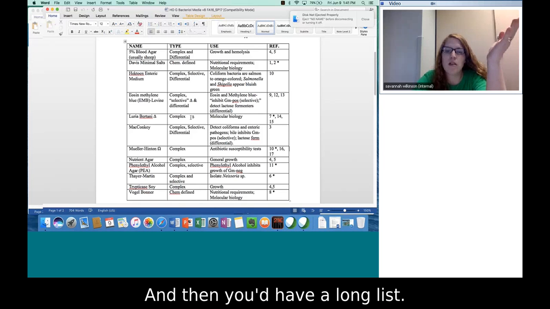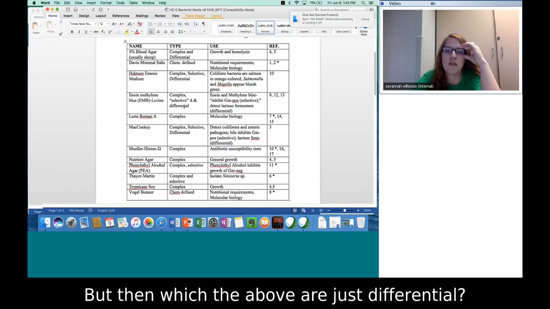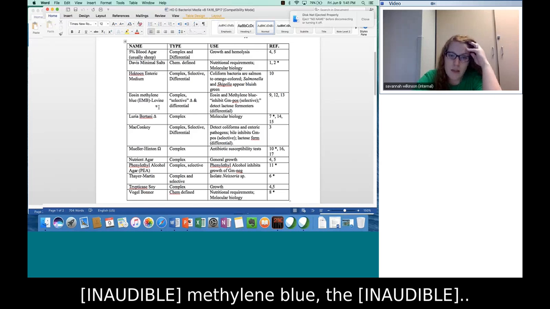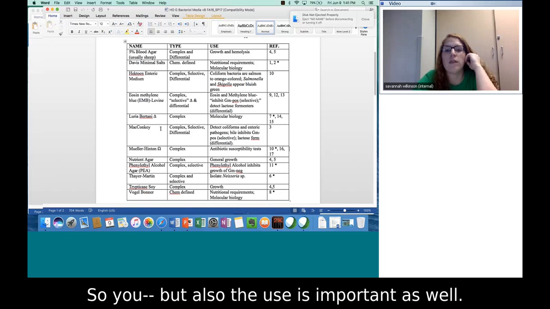And then you have a long list, but then which of the above are differential? So that would be 5% blood agar, acetone enteric medium, EMB, eosin methylene blue, the Conky. Yes, that's it. But also the use is important as well.